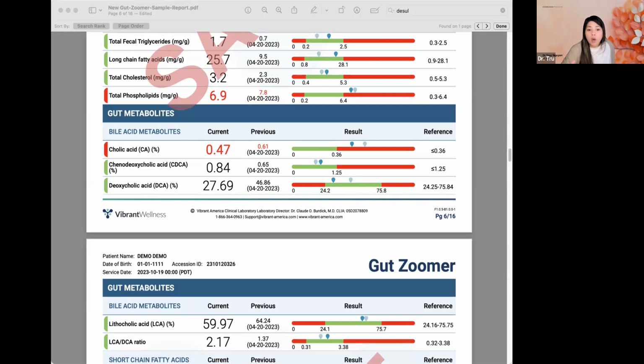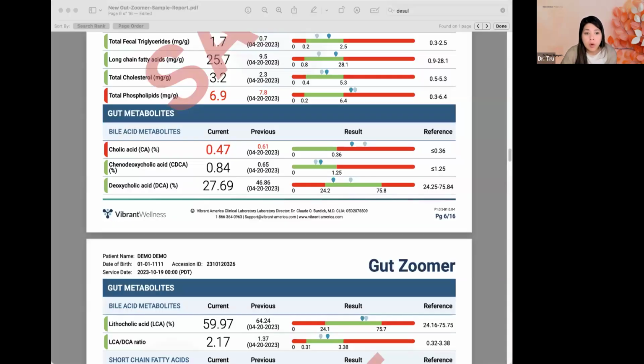So with the cholic acid and the chenodeoxycholic acid, or CDCA, they can indicate if they're abnormal. If you have high levels of them, that typically means you may have a liver problem due to a genetic mutation that pretty much can't break down the bile acid properly.